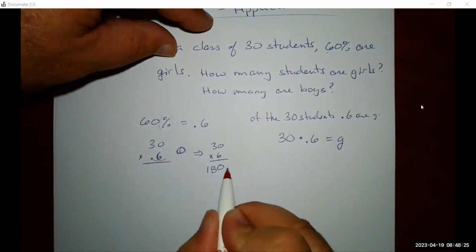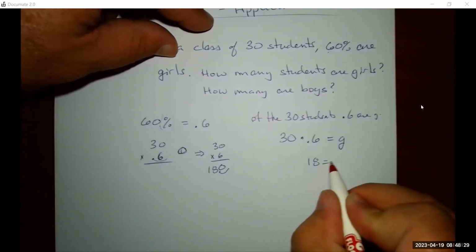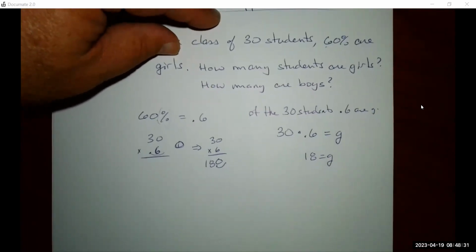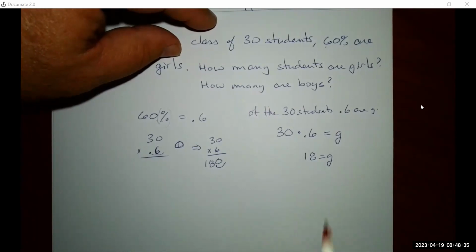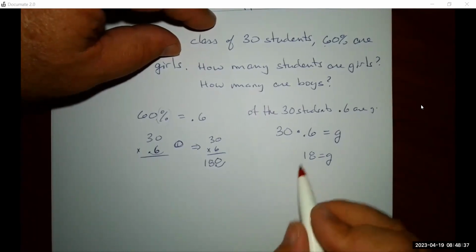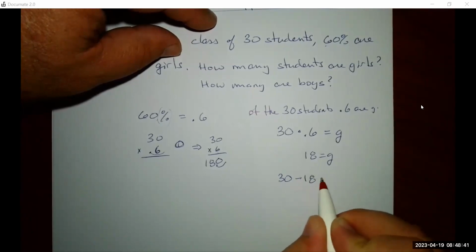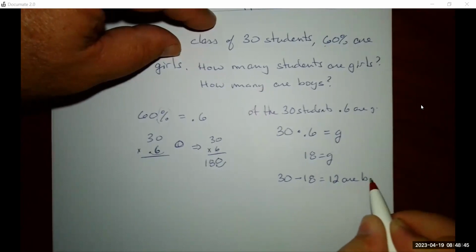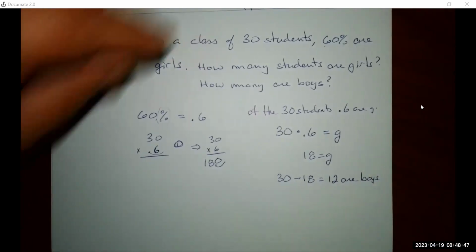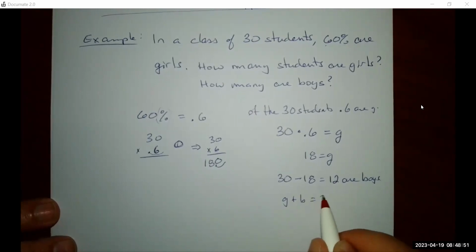Put this one space back. So 18 are girls. Since there are 30 students and 18 are girls, that means 12 are boys, because girls plus boys has to equal 30.